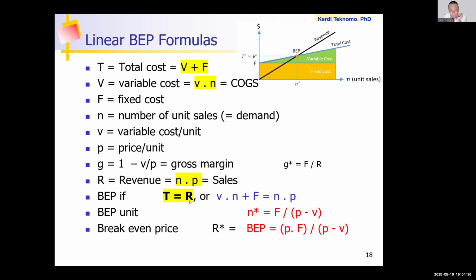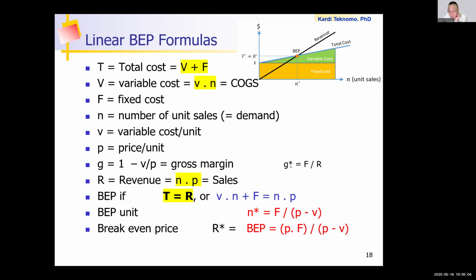Is that okay? So from here, we can also introduce another value, which is called gross margin. Gross margin is just 1 minus the unit variable cost V divided by the price. Later you will see we also have gross margin at BEP, so I put that as G star.